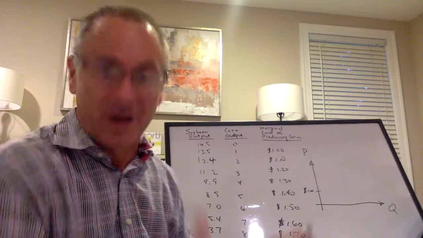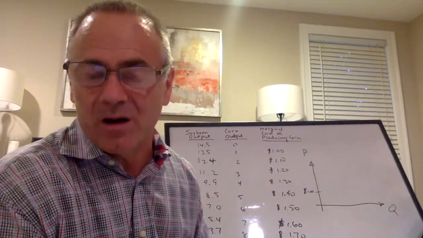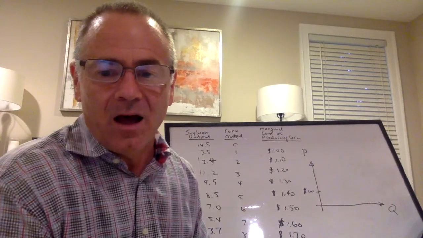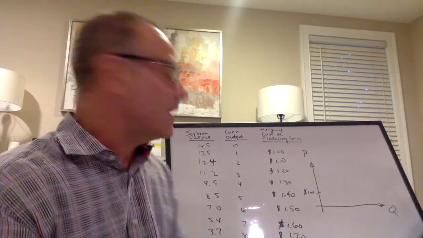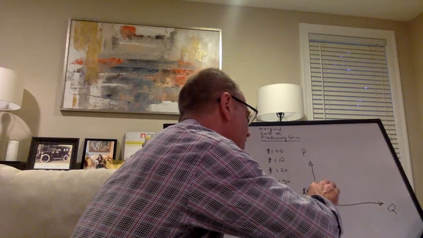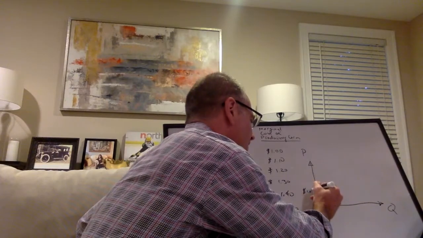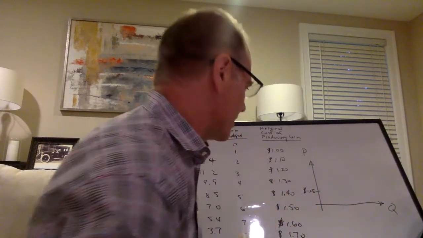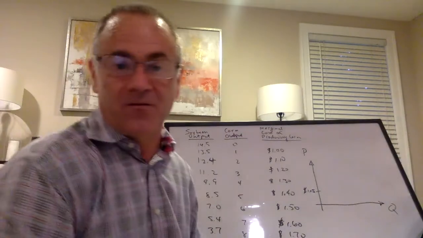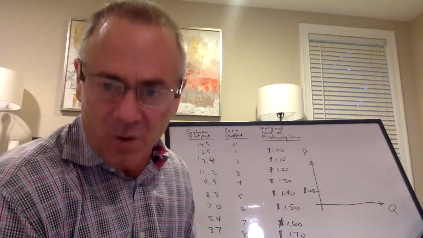It's not worth it to me. My costs are $1. But if the price were $1, let's actually make it, for the moment, $1.05. Then I'm going to go back and do it like the book does. But suppose now it's $1.05. That's the price of a bushel of corn.